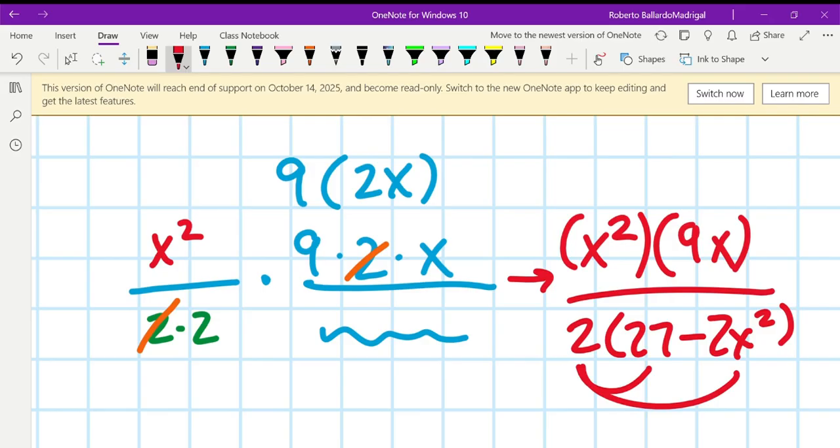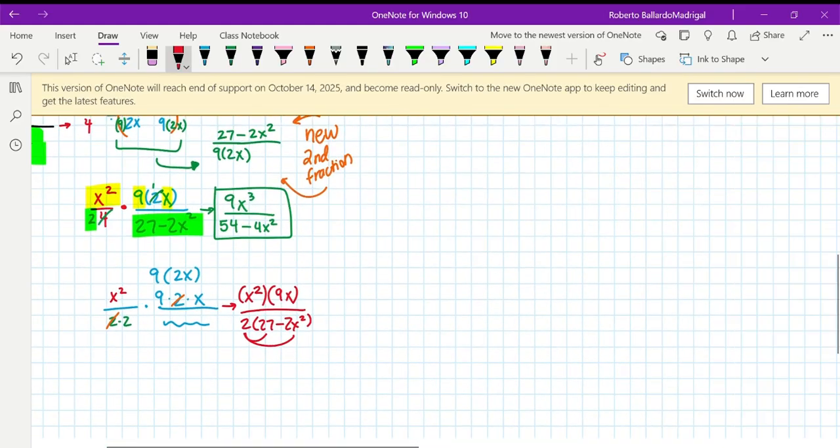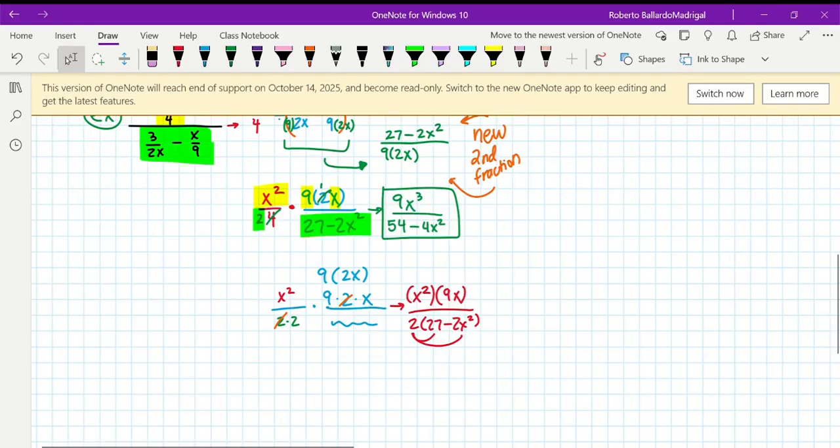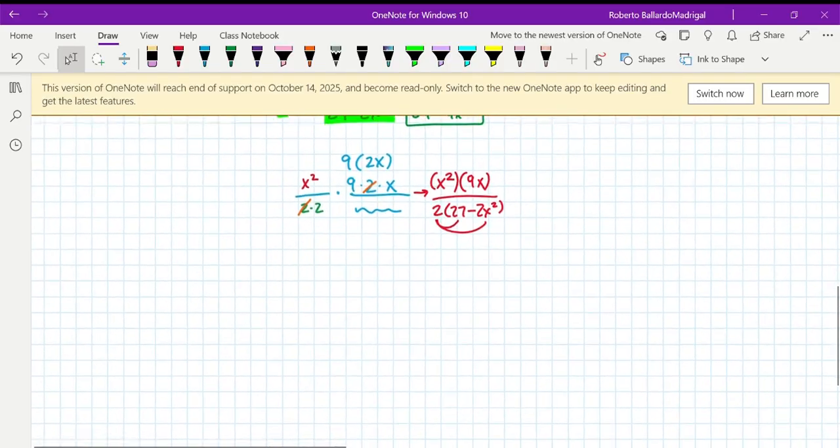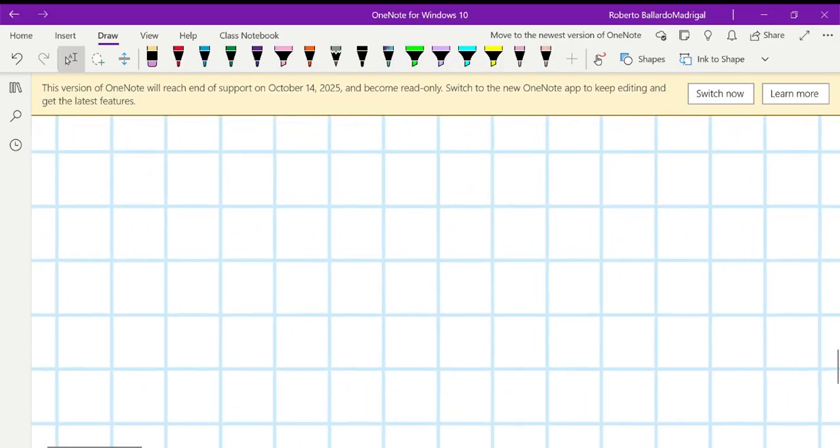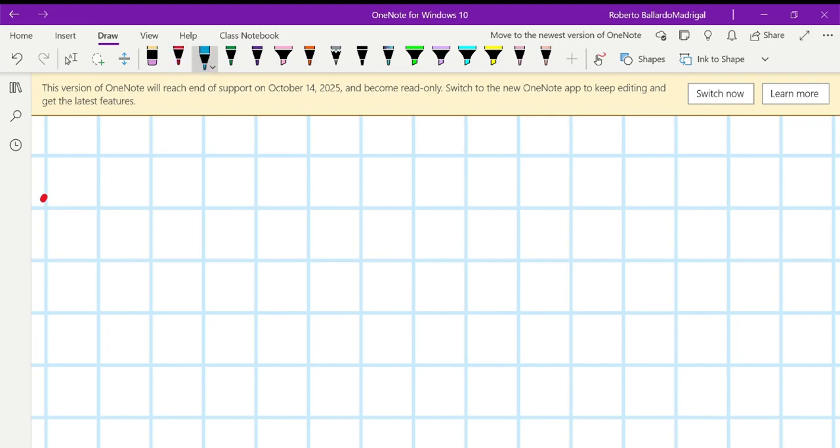Does that make more sense now? Okay. In the next problem, I'll show the little steps. Any other questions on this one before we move on to the next problem? Okay. Let me go down here. Okay, here is your next problem.